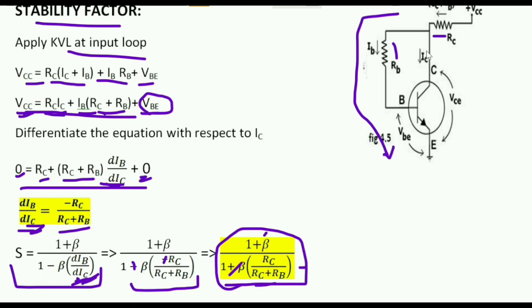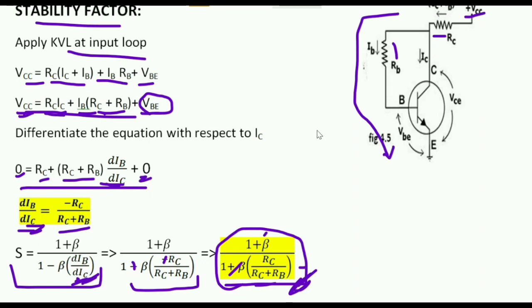This is one advantage, and also only a single source is used. And the main advantage is that this provides a stability factor that is very near to 1 or greater than 1, and this offers good stability to the connected circuit.